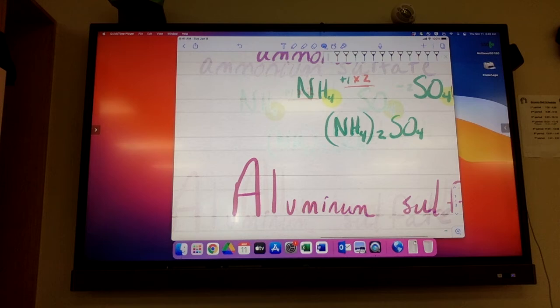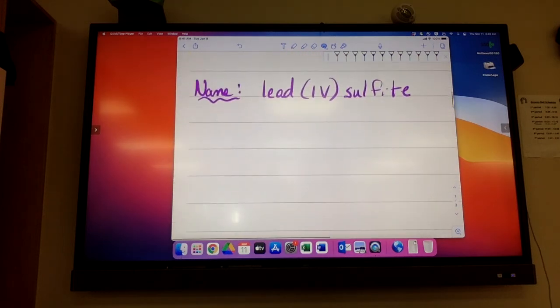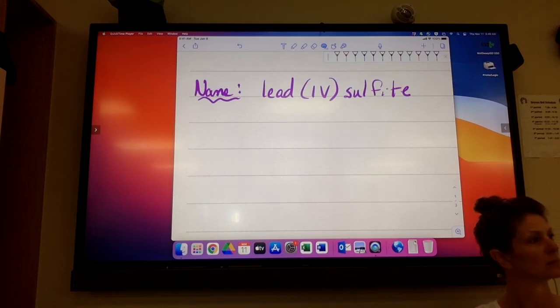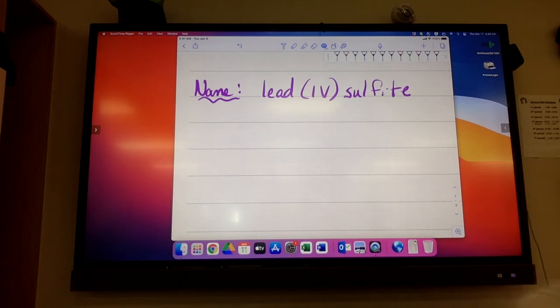All right, next, lead 4 sulfite. Lead is number 82.